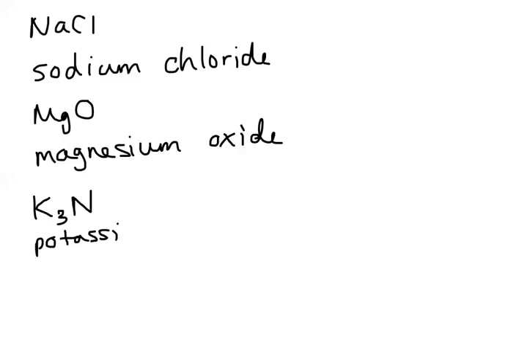So it doesn't matter how many of the cation or the anion you have, it's still just potassium nitride. Because if you tell a chemist potassium nitride, the chemist knows that K is 1+ and N is 3-. So if you say potassium nitride, they will be able to give you that ionic compound. And then the same goes for example, BaF2. What's this? Barium fluoride.